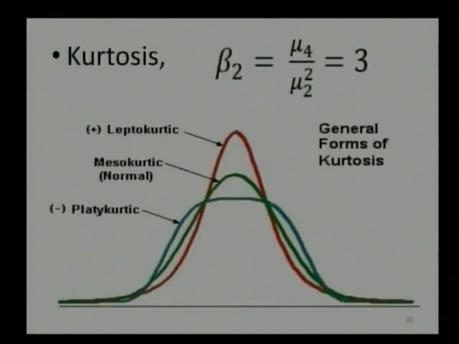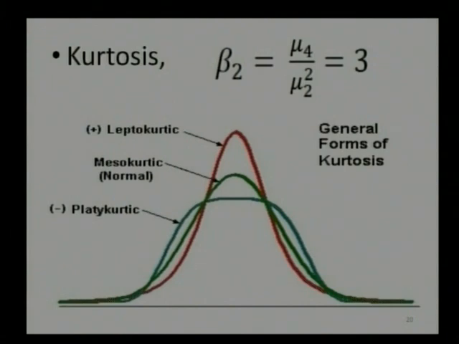Now next is kurtosis. Kurtosis beta 2 is equal to mu4 upon mu2 square, which in the case of a normal distribution becomes equal to 3. So you can see the green part, the mesokurtic curve. You can have this type of curve whenever your beta 2 is equal to 3.